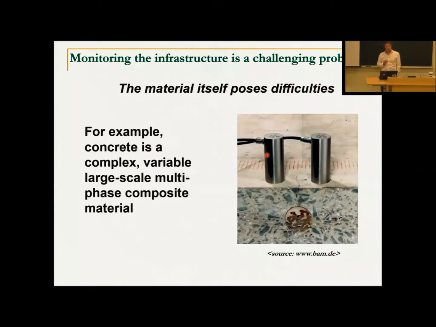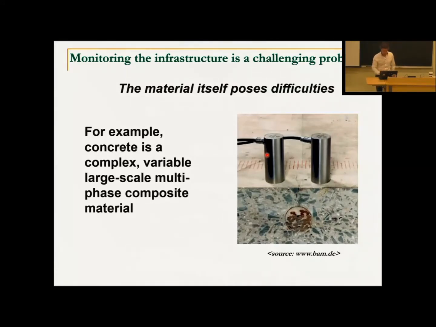We have lots of different elements. We have concrete itself, which is highly variable, made up of randomly spaced aggregates. We have a duct inside made of a thin steel wall. We have a grout material inside of that duct, and then we have the steel strands. It's a very complicated, variable structure. And this is a normal structure, not a defect. So we have to be able to look through all this normal variation and find the defect.